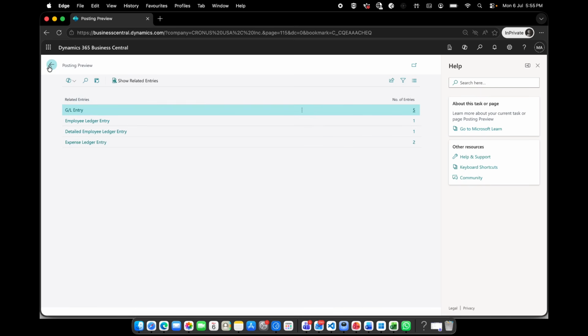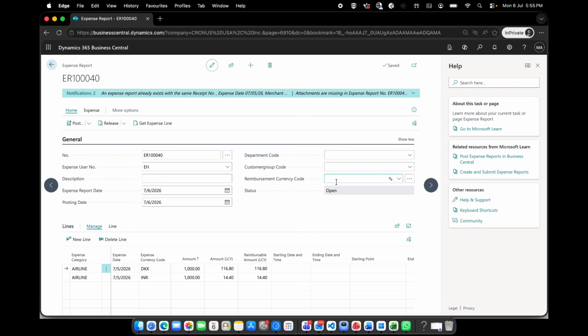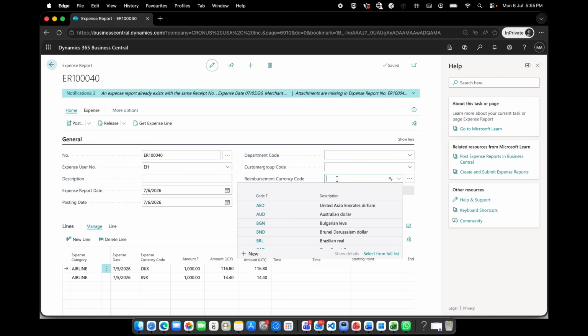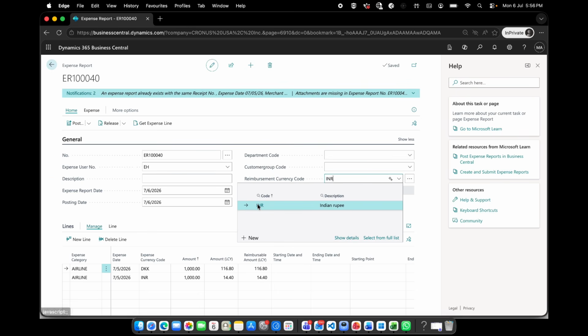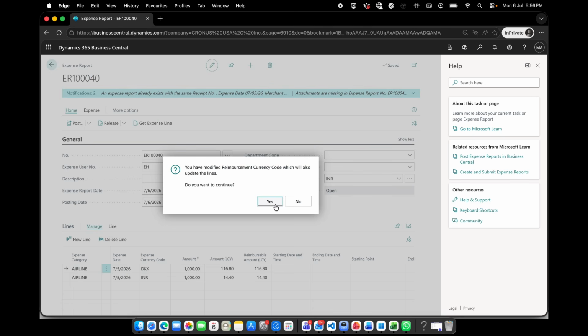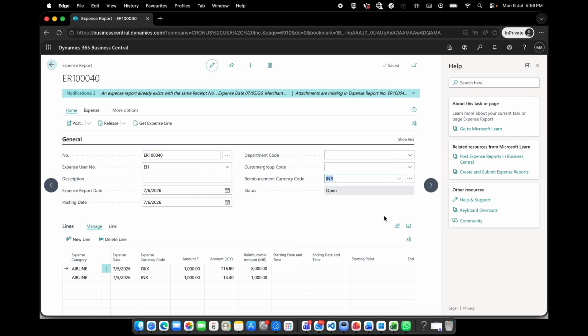Now, let's try to change the scenario slightly. What I'm going to do now is make the currency here as INR, for instance. It will ask me that I have changed the currency.